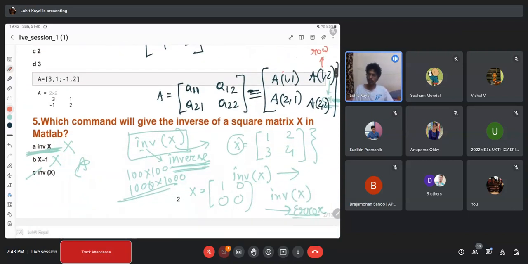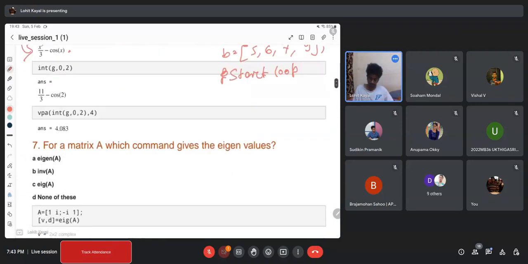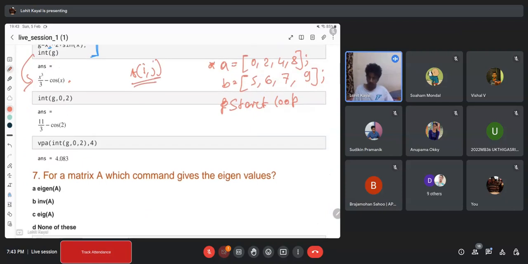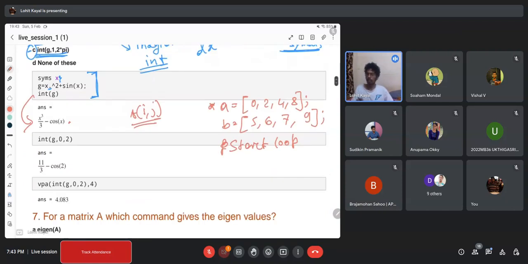Here the comment was A11, A12, A13, A21, A22, that means A of ij. Now here you have only one index, A of i, and similarly only B of i.